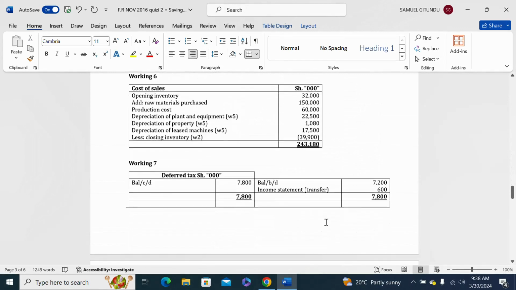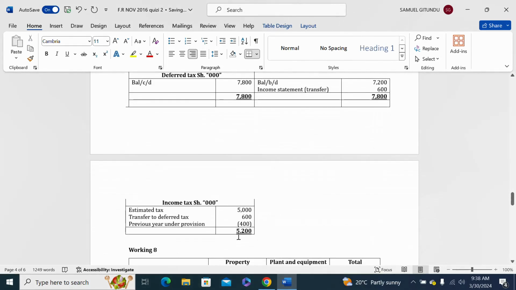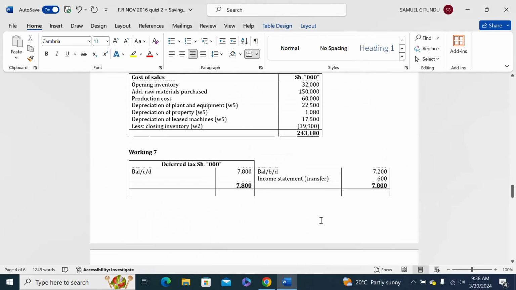Working note number 7. Income tax expense is 5,200,000.